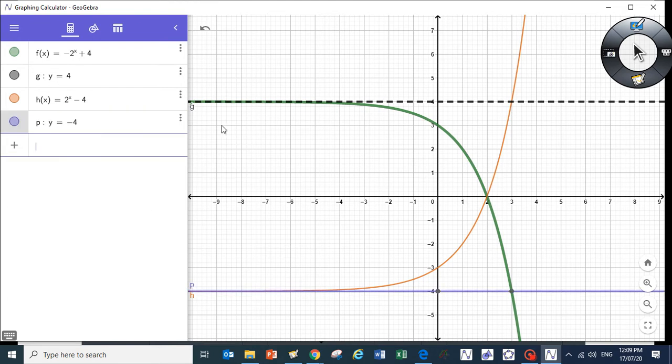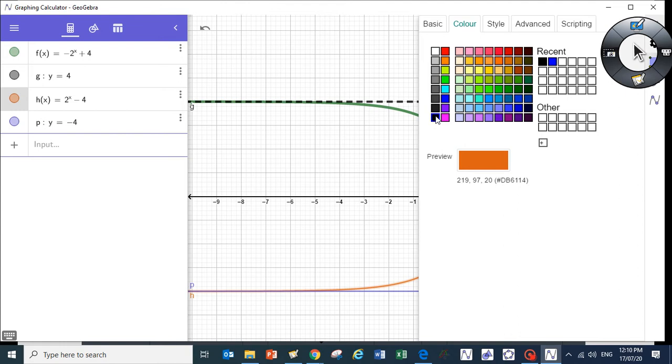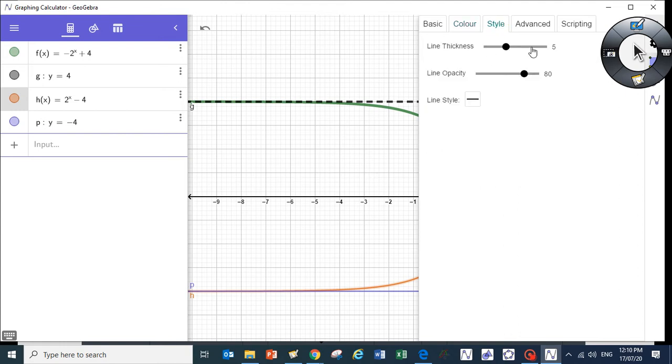So let me just indicate this one here. Let's make it bold. Let's not change the color.